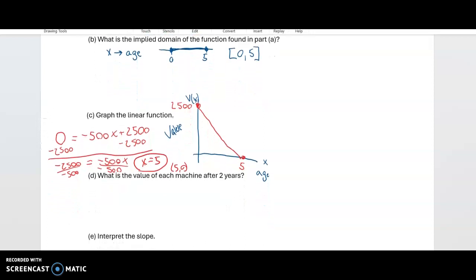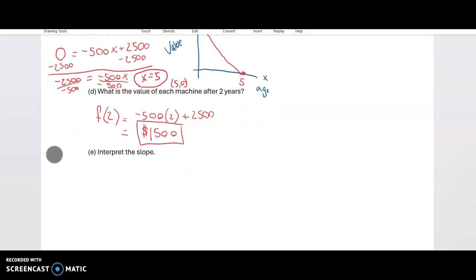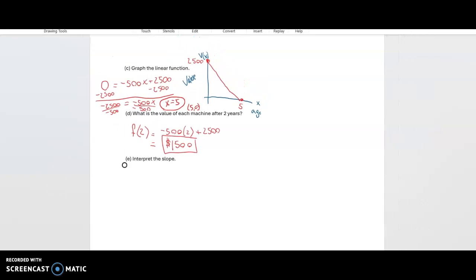And we're asked, what is the value of the machine after 2 years? Let's find f of 2. Well, we can put into our function negative 500 times 2 plus 2,500. And when we calculate that, that would be $1,500. We are also finally asked to interpret the slope.